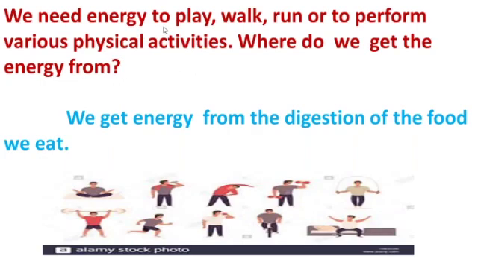We need energy to play, walk, run, or to perform various physical activities. Where do we get the energy from? We get energy from the digestion of the food we eat.